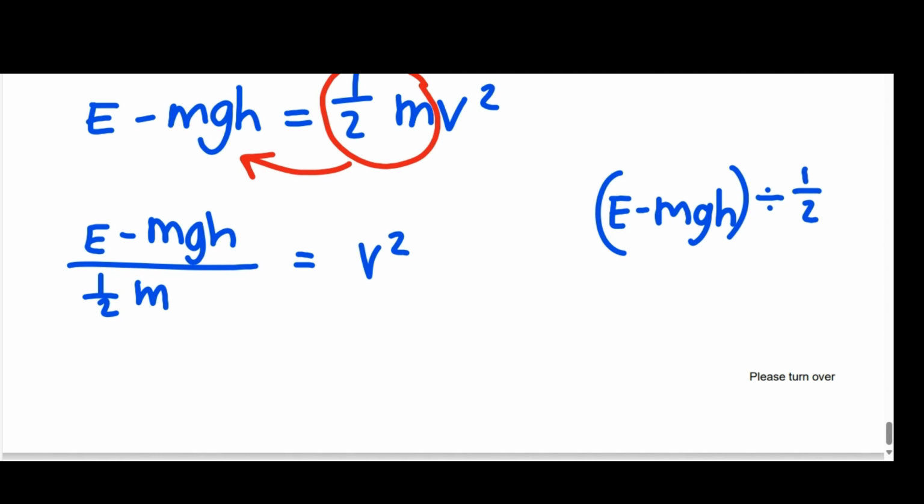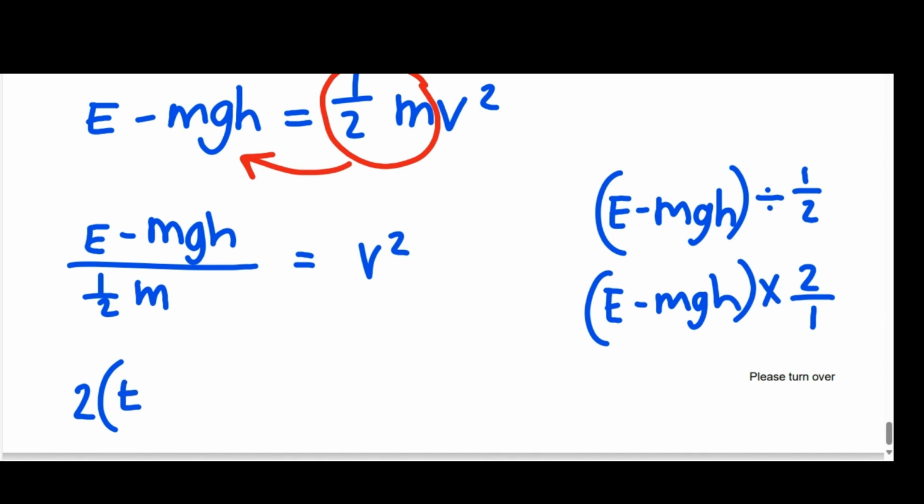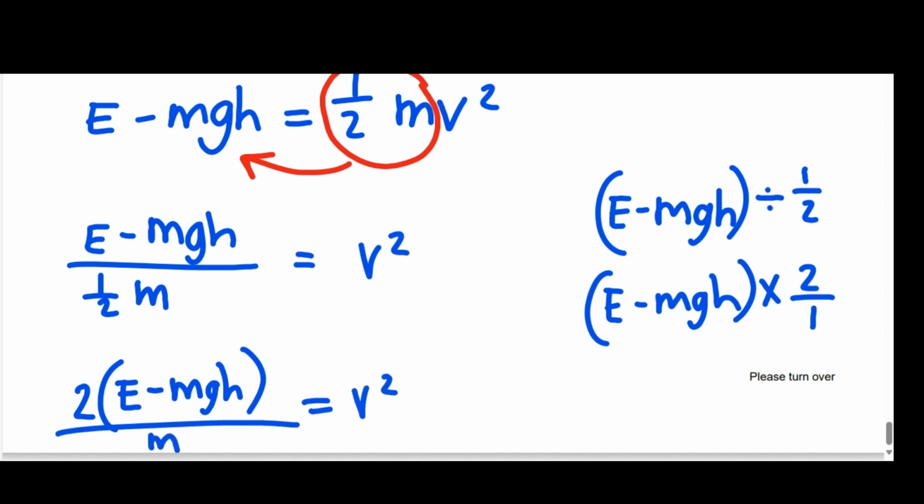So keep the first term, change the sign, flip the second. Okay, so it's the same as timesing it by 2. So I could then rewrite this as 2 times the top divided by m, okay, is equal to v squared.